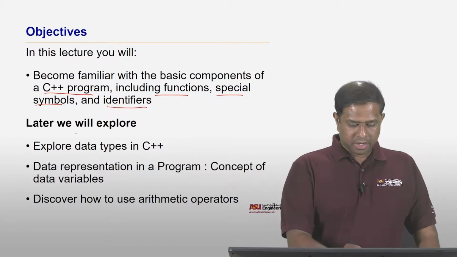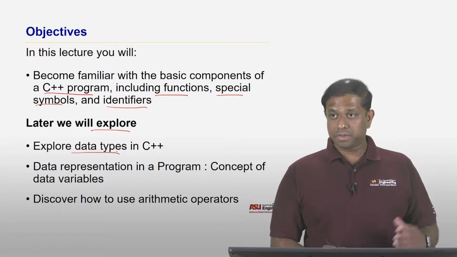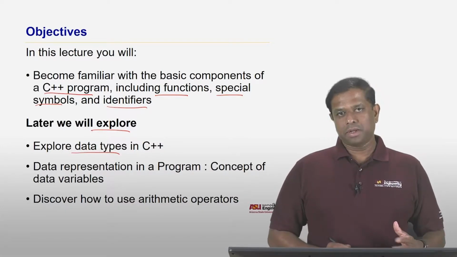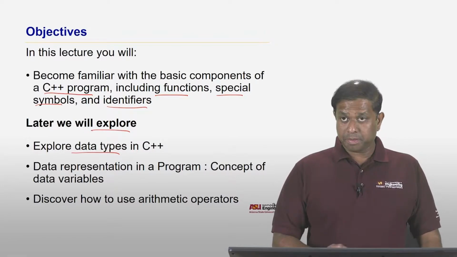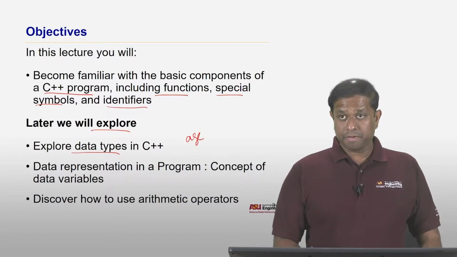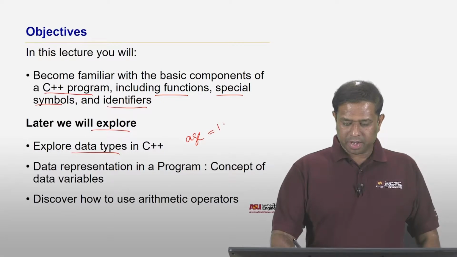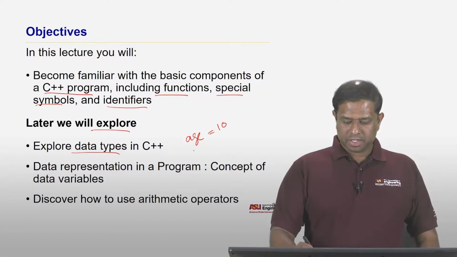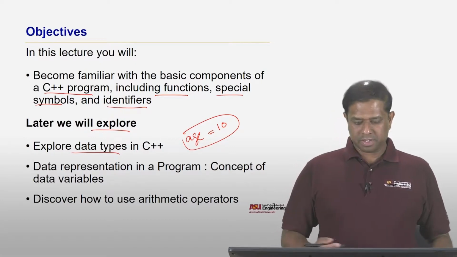Later we'll explore different data types that we need to store in the program. For example, if I want to store the age of a person in the computer program, then I need to have something like age defined in the program, and then put some value like 10 in there, right? That's where we are using data to store values in the program.